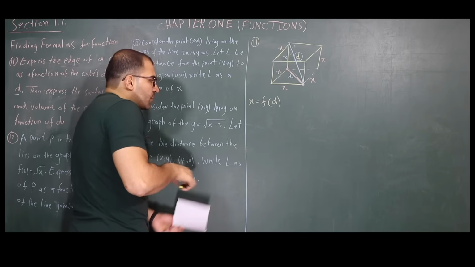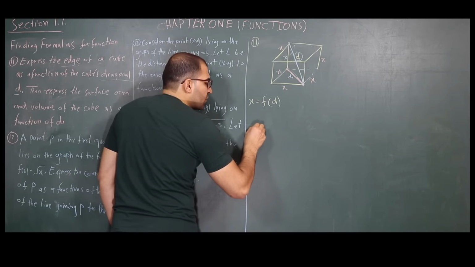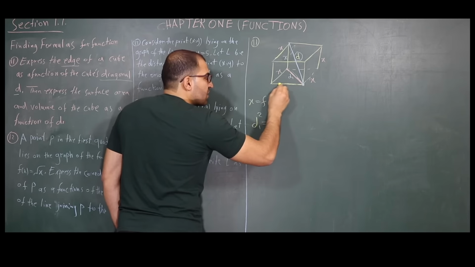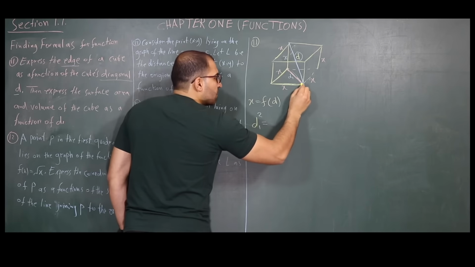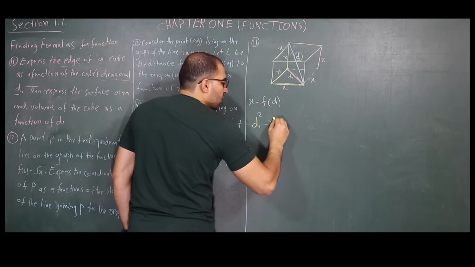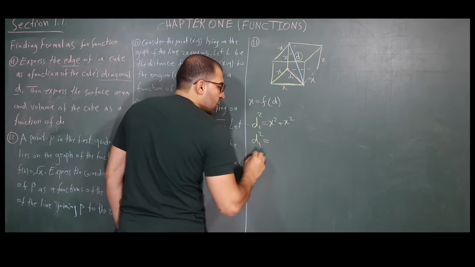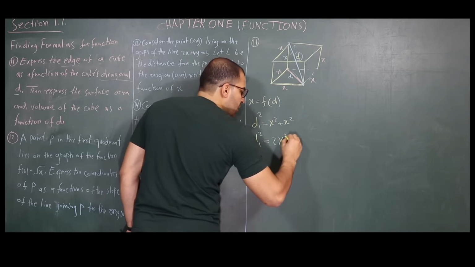According to Pythagoras, d1 squared equals x squared plus x squared, because this is a triangle. So d1 squared equals 2x squared.